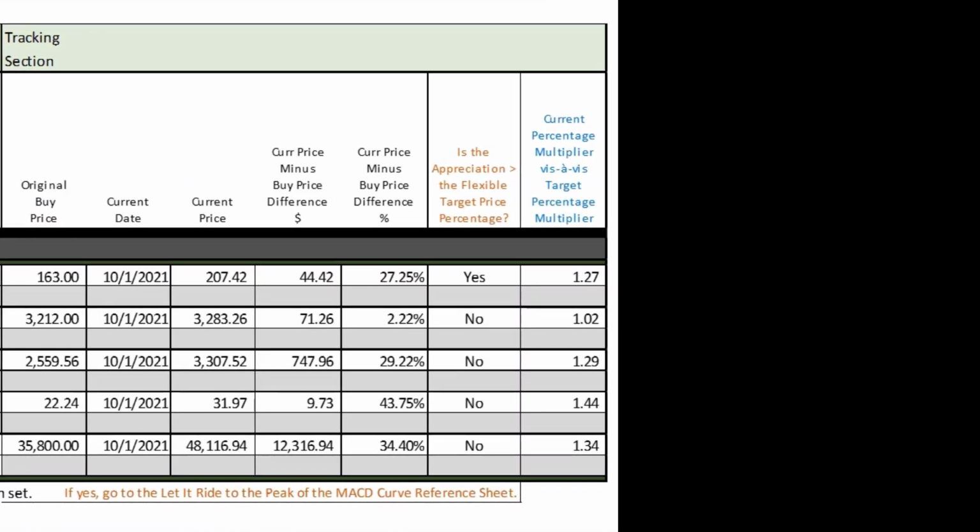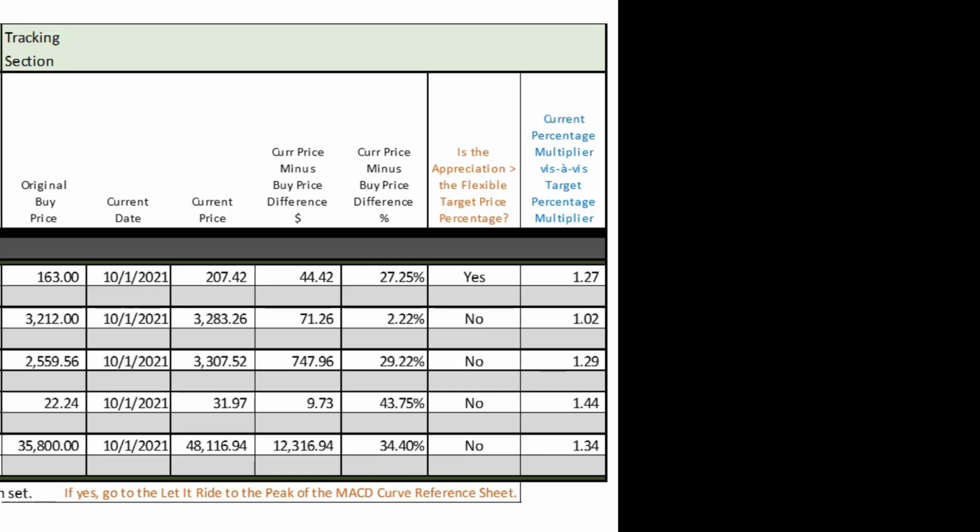Back to the tracking section. The original buy price is shown for reference purposes. The current date for a round of price checks is given, and current prices are entered. Next, there is a formula for the difference between the current price and the buy price.